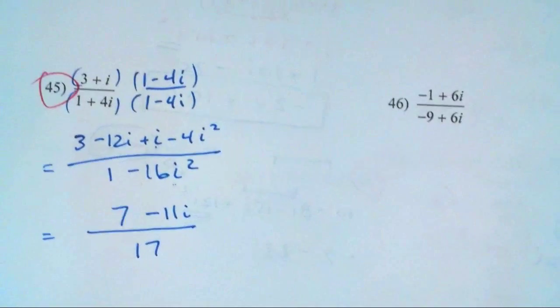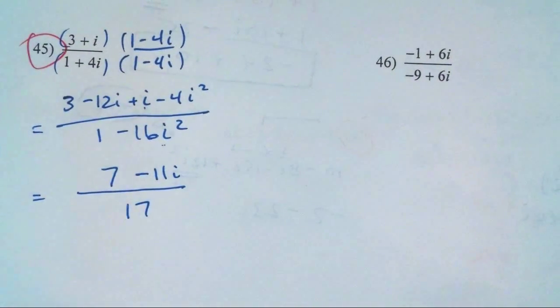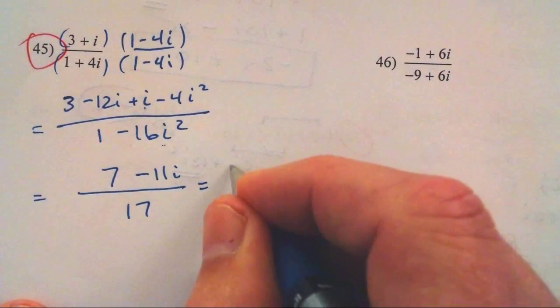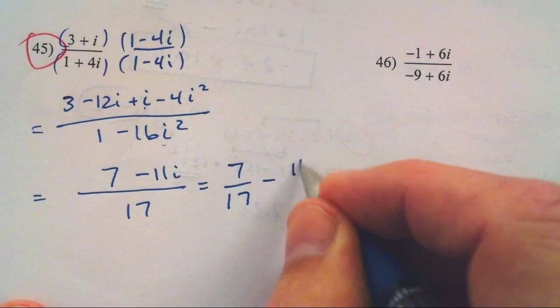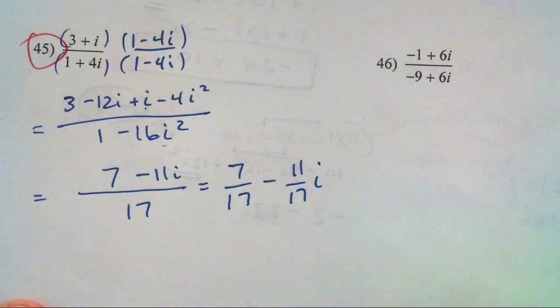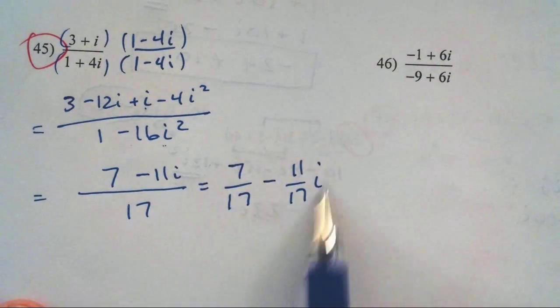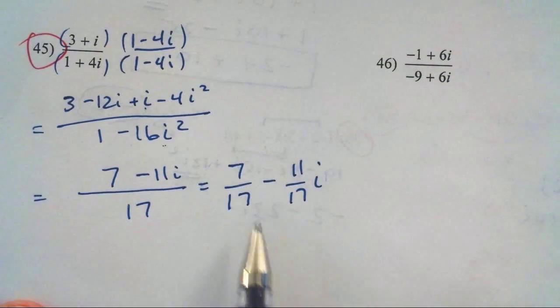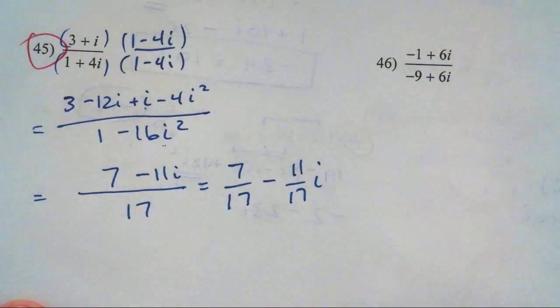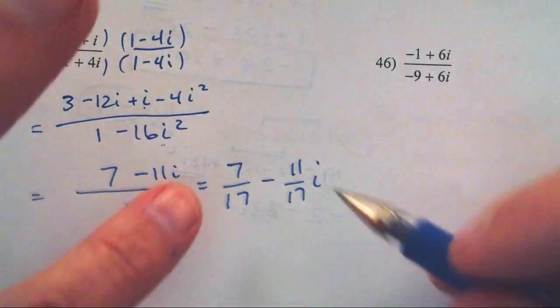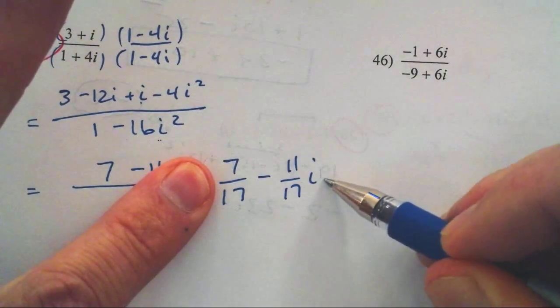Now, I would probably accept this at this point, but the better solution is put the real parts together, 7 on 17, minus 11 on 17i. Hands if you beat me to that very final answer with those split. All right, how about hands if you made it to there, 7 minus 11i on 17. I'm good with that, but ultimately, that's a real target for us.